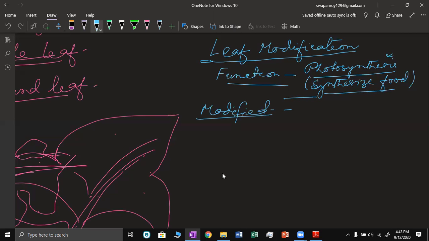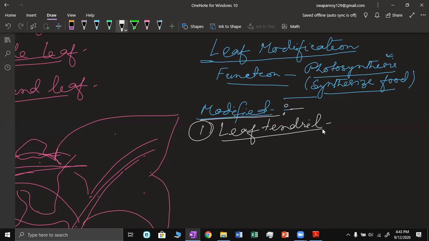So what are these modified leaves? One is the leaf tendril.